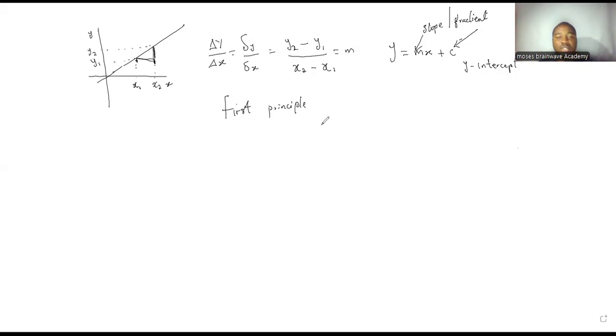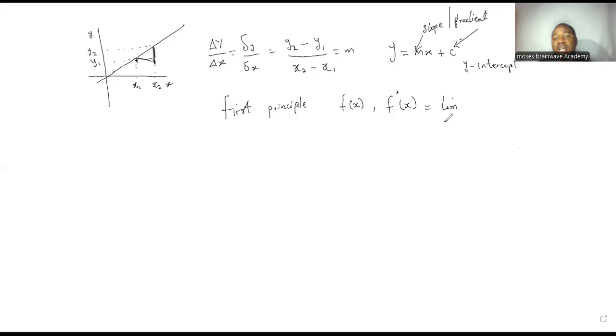Now, without wasting your time, the first principle, you can state that for a function f of x, if I want to differentiate f of x, I'm going to get f prime of x. And the definition, we are going to be using the concept of the limit which you have known.